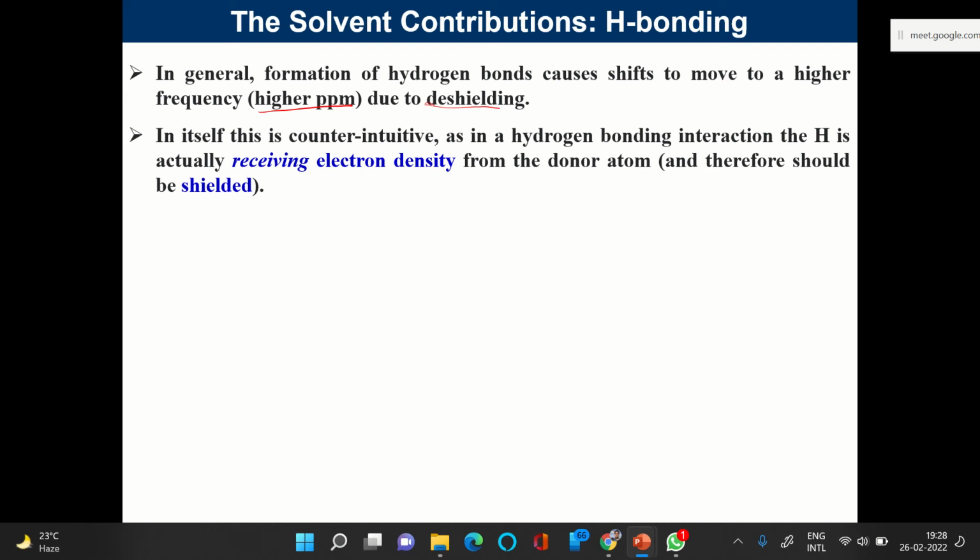What happens in hydrogen bonding is that the proton, for example the hydroxyl proton, the OH, imagine OH, has a partial positive charge that we can imagine.